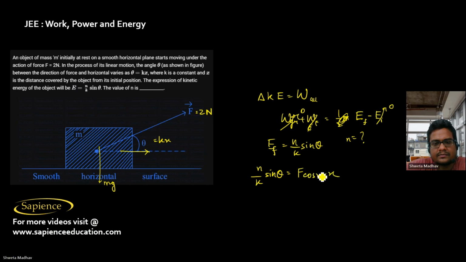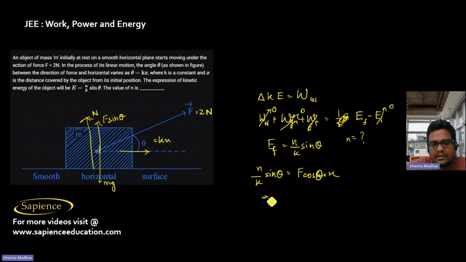F sine theta will do no work, and the normal reaction also does no work. Friction is not there.